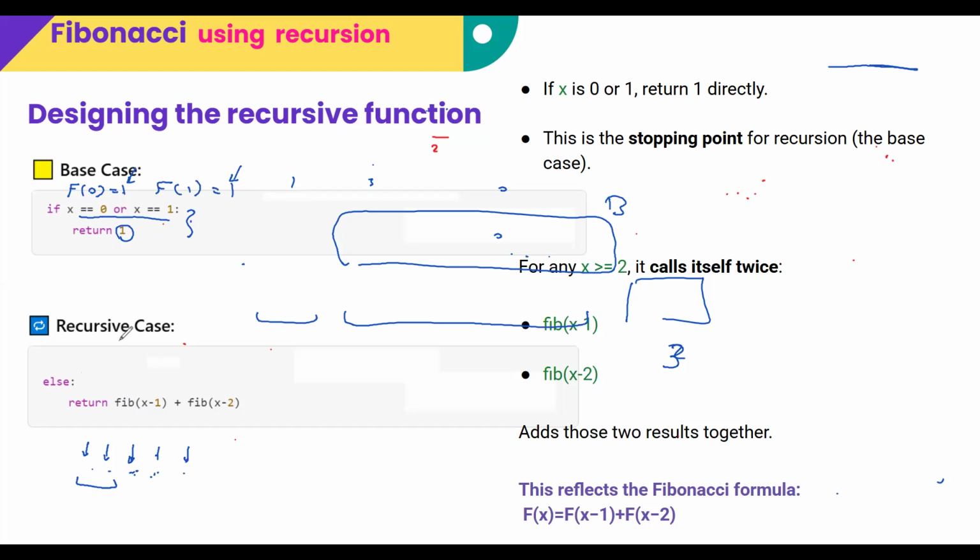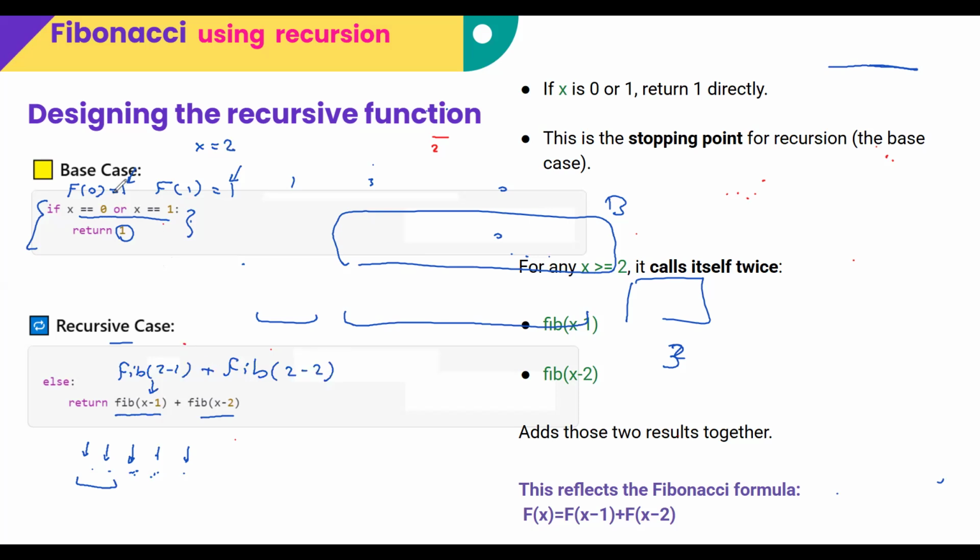Then we design the recursive part. The base case will make sure that the calls will end. If I don't put this base case, I will never stop my function calling. Then we define the Fibonacci calling based on x. If you start with x equal 2, for example, you have to call Fibonacci of 2 minus 1 plus Fibonacci of 2 minus 2.